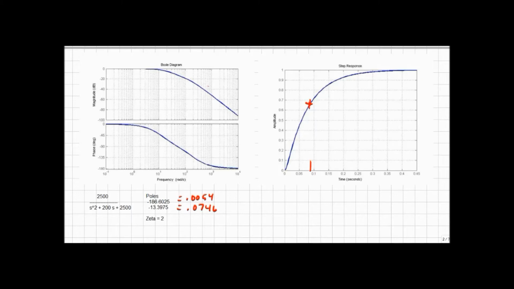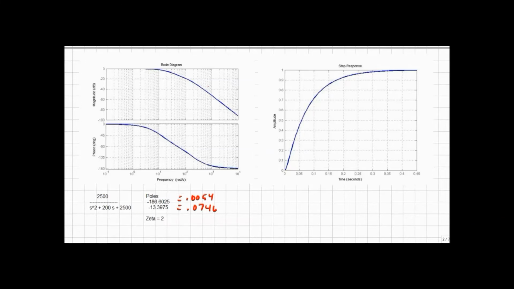That's not that far from a time constant of a first order system, and this almost looks like a first order system, because that one slow pole really dominates. If you look closely here, you can see that it starts out with that kind of shape. That gives you a little hint that there's something going on there, but that's hard to spot.